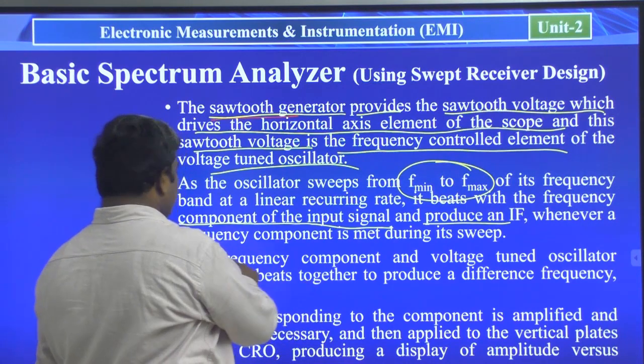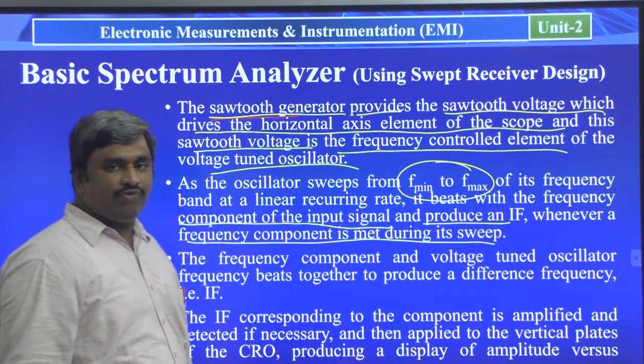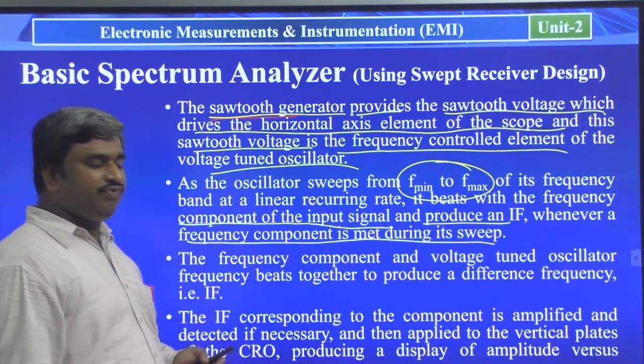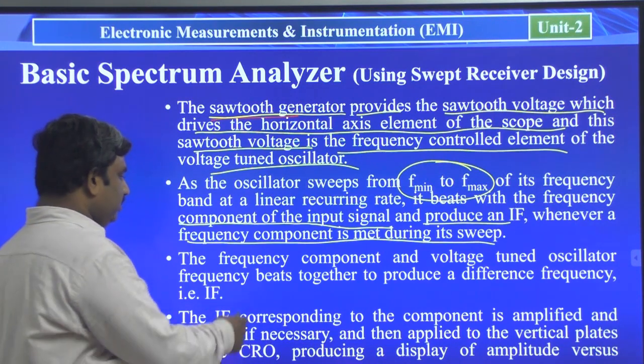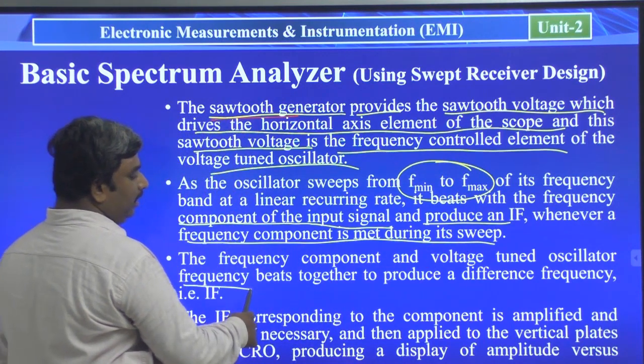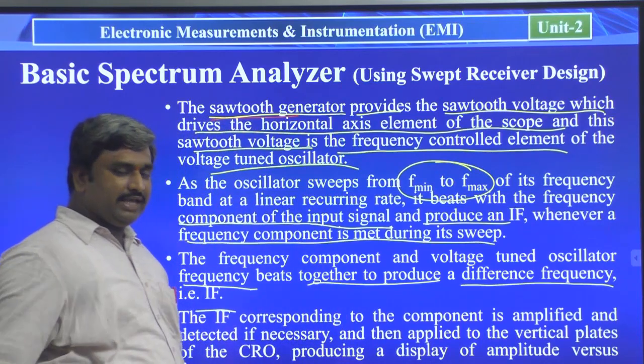Whenever a frequency component is met during its sweep, the frequency component and the voltage tuned oscillator frequency beat together to produce a different frequency, that is the IF.